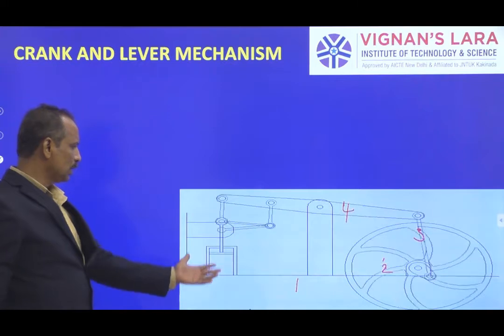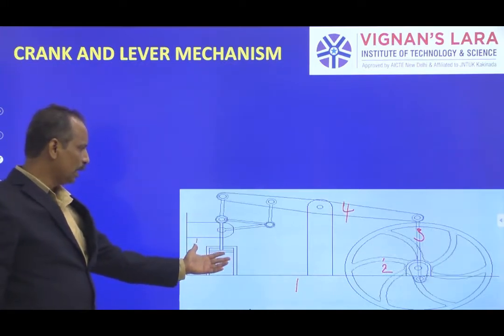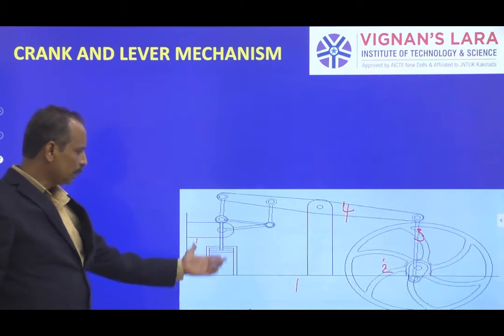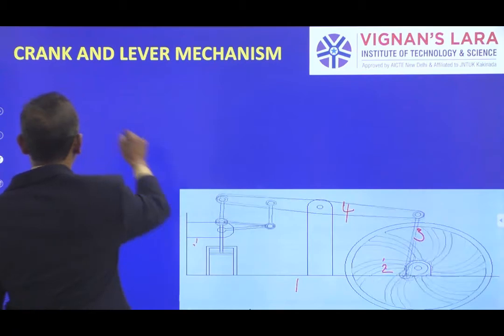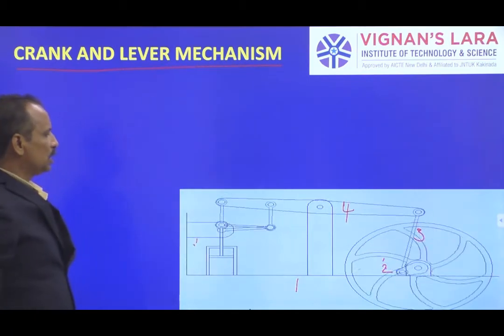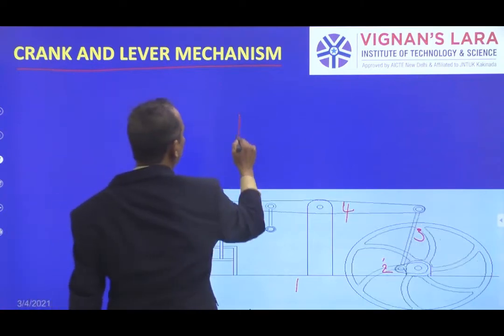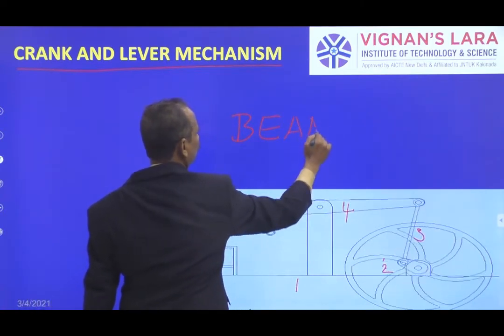And you can see here, by placing another mechanism, the piston is reciprocating in a cylinder. This is an application of the crank and lever mechanism, and it is called a beam engine.